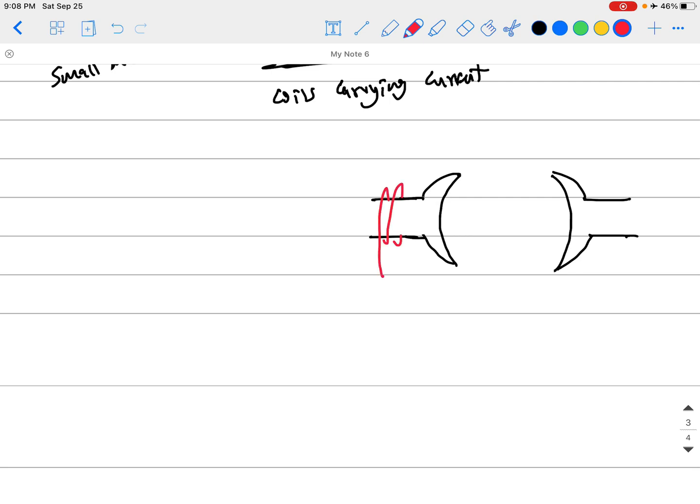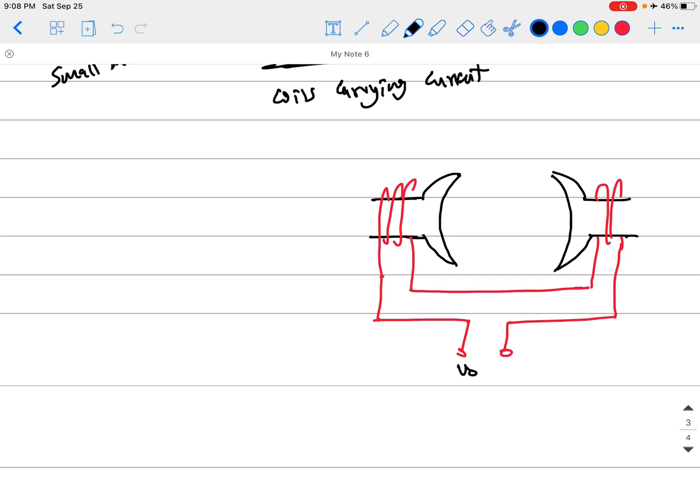So you just put a coil here, and you take it to the other piece. Now we have external terminals like this, and you can apply voltage here, and this voltage will pass current, and the current will go through these coils and create the magnetic field.